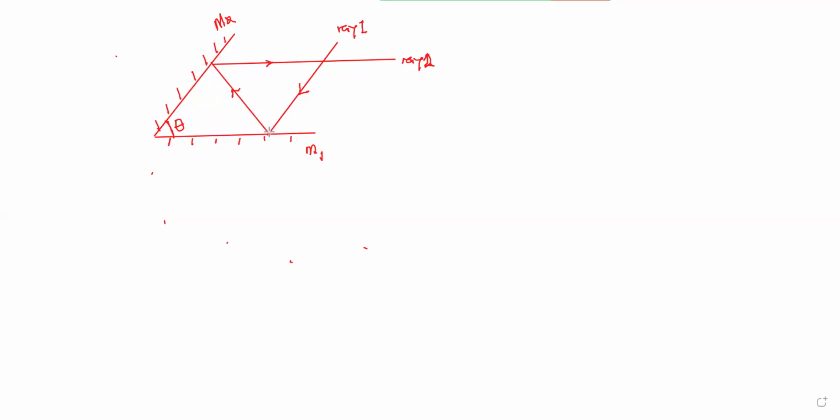Now, solving this, we just must use the laws of reflection. This is the point of incidence. So at the point of incidence, we can draw a normal.